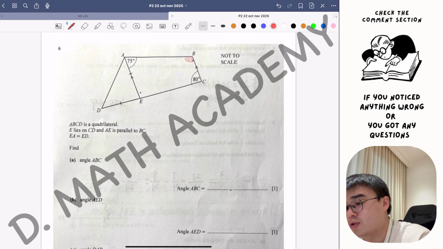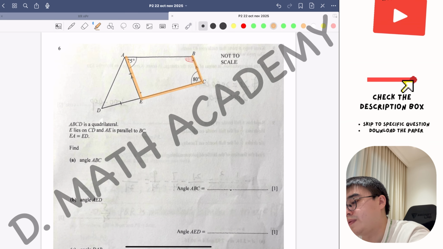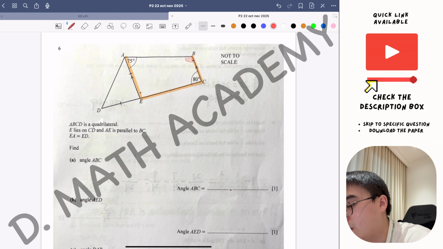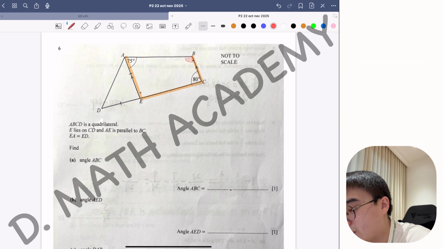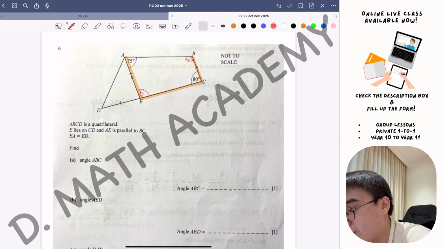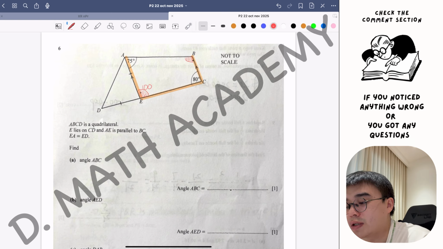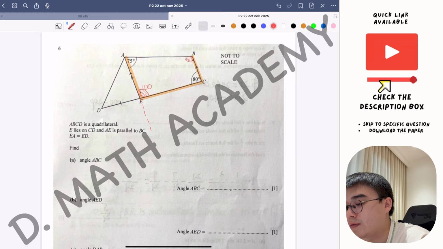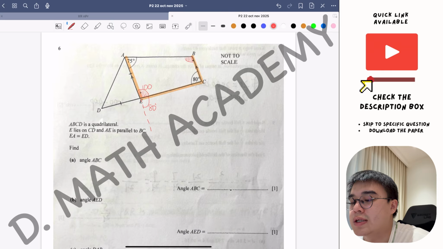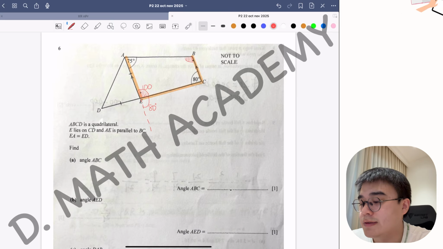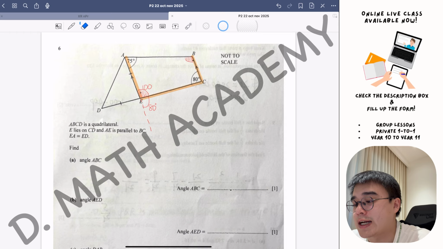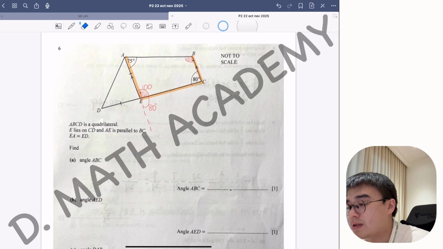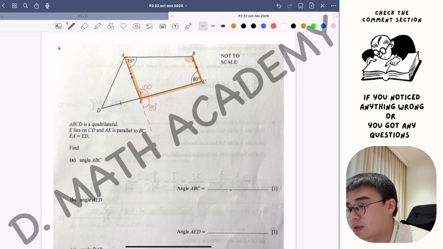I know one thing for sure, which is this part, because of it being parallel, it's safe to say that this U shape that it formed will be 100. The logic behind it is that if you were to extend the line, the 80 that we have here can be transferred to this side, so it will form a straight line, which explains why there's 100 degrees there. And with that, finding your ABC wasn't that tough anymore.